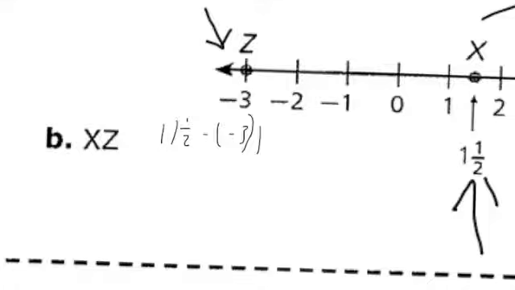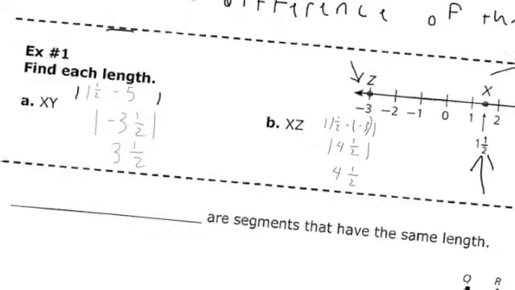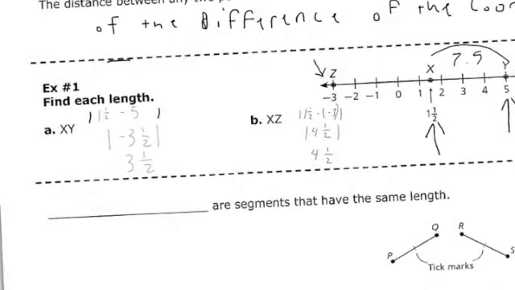If you take 1.5 minus minus 3, that gives you the absolute value of 4.5, and the absolute value of that is just itself. So you get 4.5. There are our 2 segments that we've found the lengths of. If you need to take a look at that again, you may. Alright, we're going to move on.